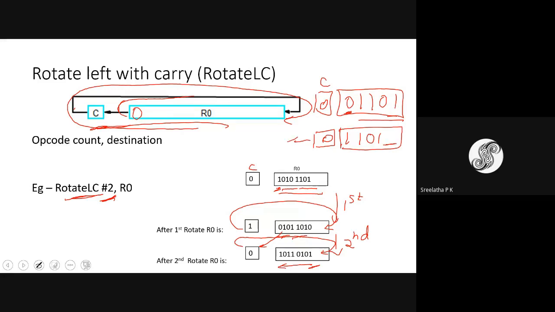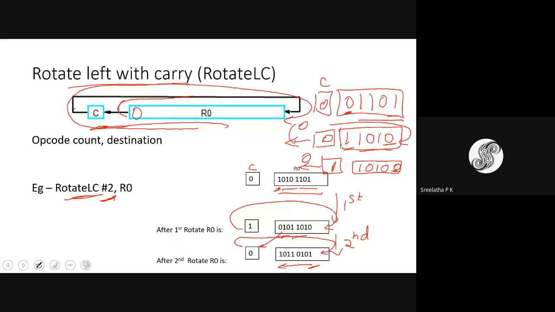Whatever value had come out of the carry flag, 0, is moved to the LSB. In the second shift operation, the most significant bit is moved to the carry flag. 1 1 0 1 0, a free bit space is created. Whatever value was taken out of the carry bit, that is 0, is moved to the LSB. Okay, this is rotate left with carry.